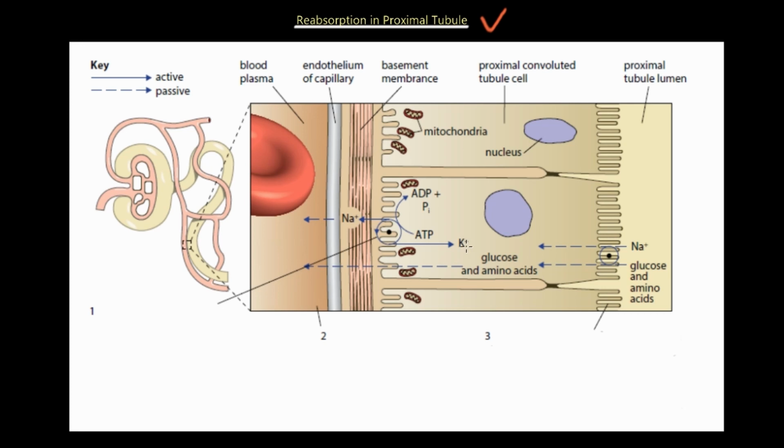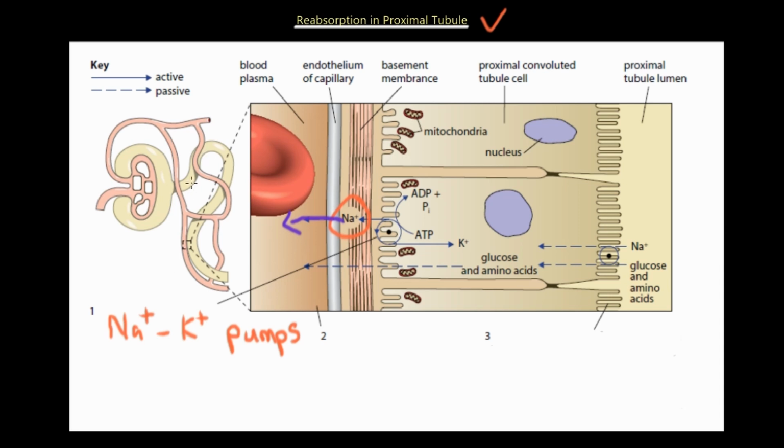So first, the major driver of this is that the basement membrane in the proximal tubules is specialized. And this basement membrane in the proximal tubule is going to have our Na+/K+ pumps, so sodium-potassium pumps. Now these sodium-potassium pumps will be using ATP, of course, made by the mitochondria, and it will be directing the sodium right here out into the vein.